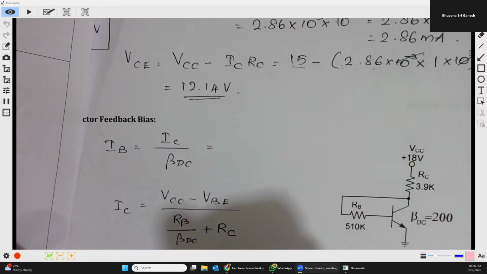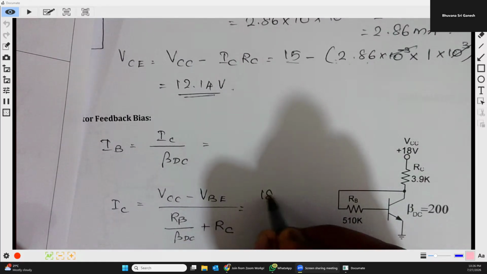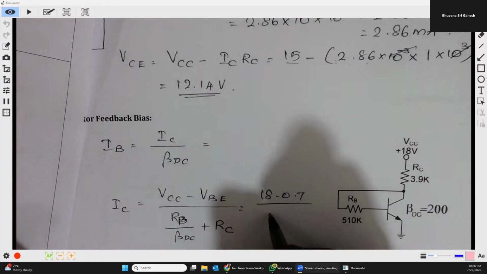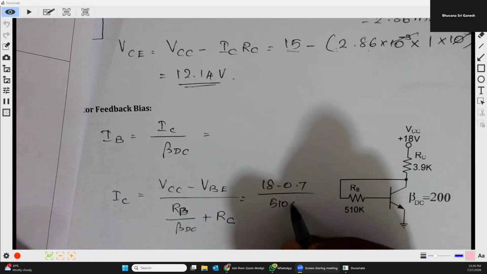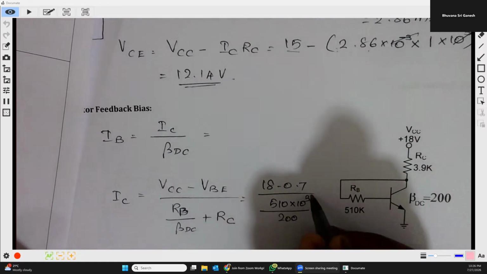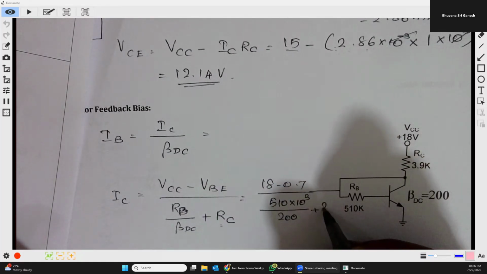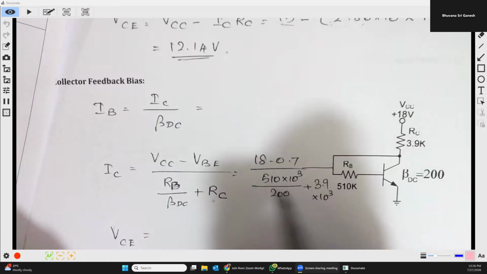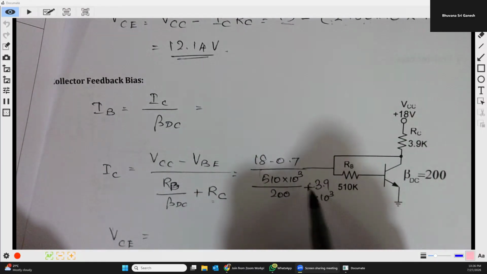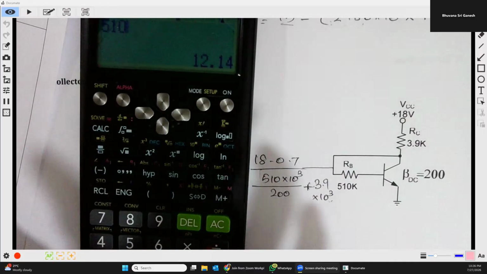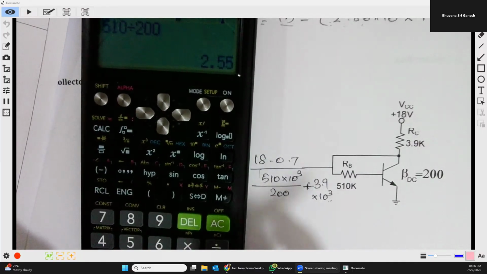So this is VCC 18 minus 0.7 over RB, which is 510 kilo, 510 times 10 power 3, over beta DC, which is 200, plus RC, which is 3.9 kilo ohms, 3.9 times 10 power positive 3. This is good because both terms have the same power of 10, so they can be added. On the calculator, 510 over 200 equals 2.55.